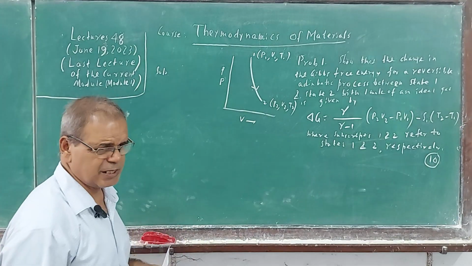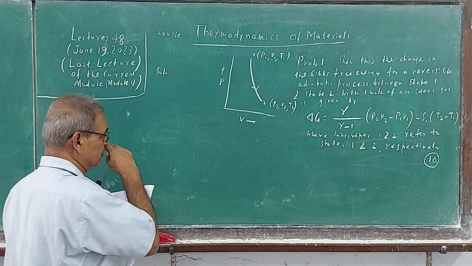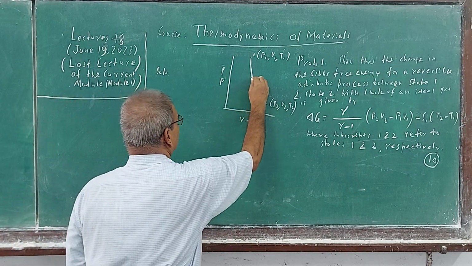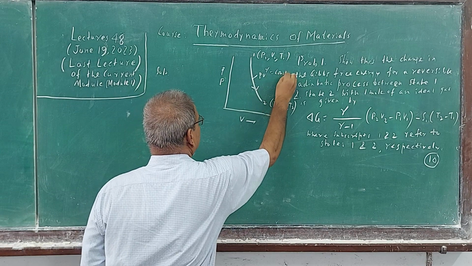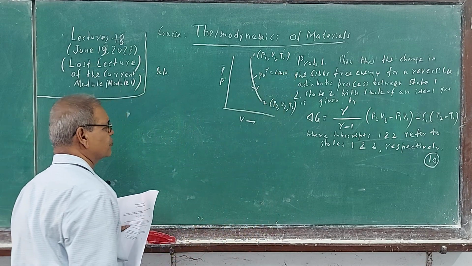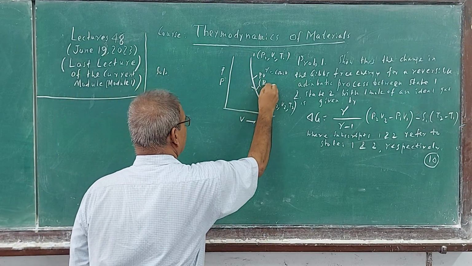Just I sketch this, reversible adiabatic: PV to the power gamma is constant.